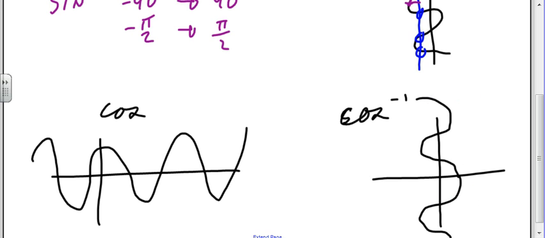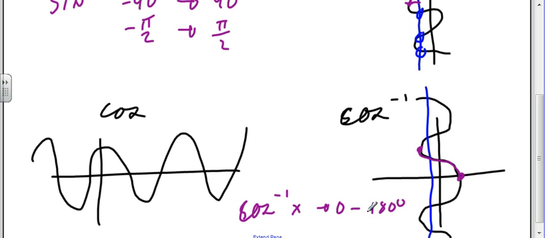And again, I've got a problem of I'm not a function anymore, so I'm going to have to define it on some interval. So I define it from 0 to pi. So the arc cosine function is defined from 0 to 180 degrees, or 0 to pi. Okay, well that seems like a reasonable thing to do.